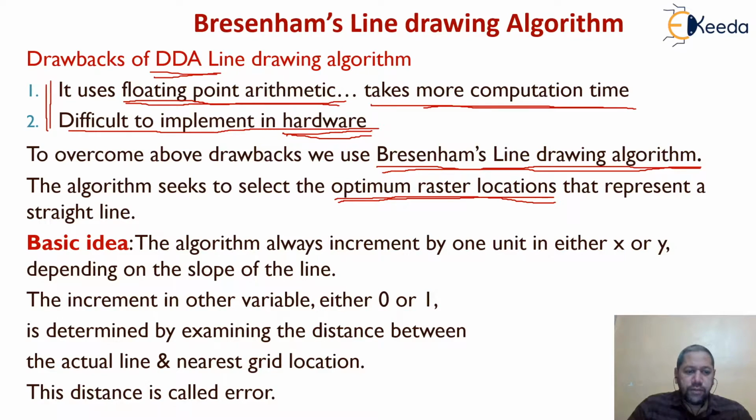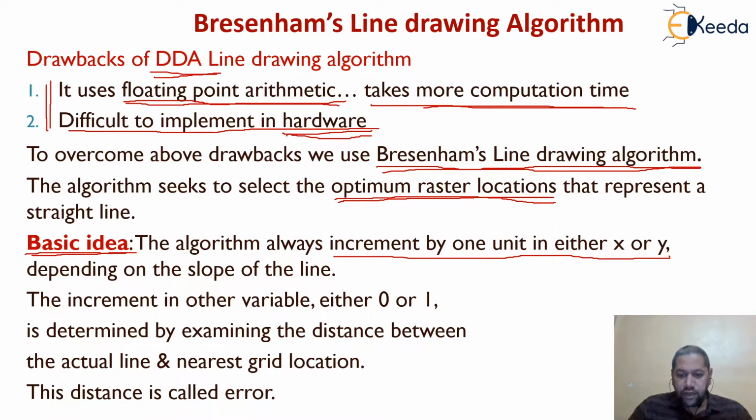Let us consider the basic idea behind the Bresenham's line drawing algorithm. If you observe all the different lines that we have drawn, the algorithm always increments by 1 unit in either the x or y direction.